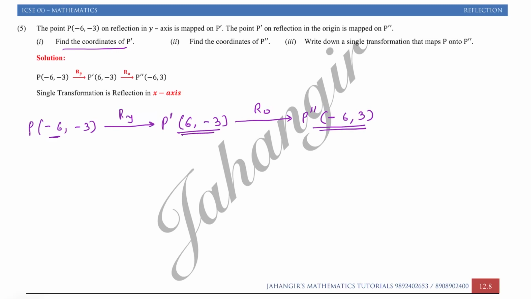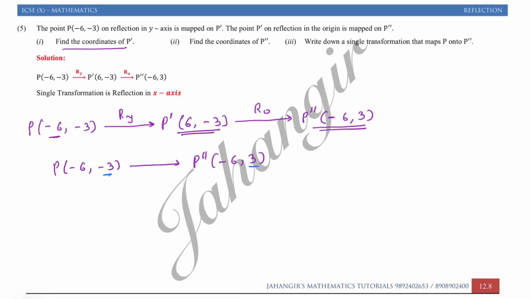Now write down the single transformation that maps P (-6, -3) onto P double dash (-6, 3). If you will see, only the y coordinate has changed its sign.